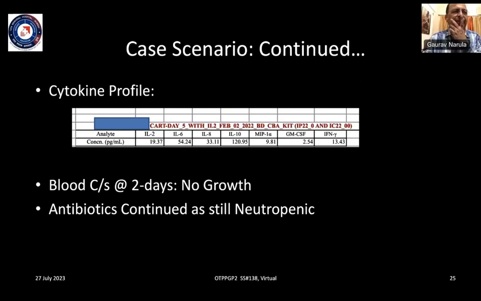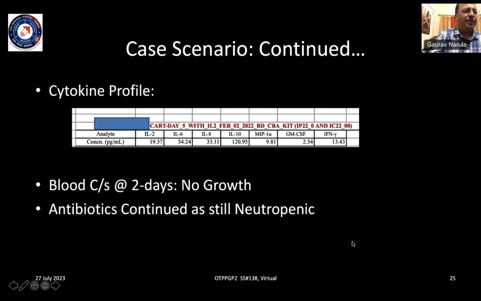Any others which are increased? IL-2 is also increased. IL-10 is also increased. Did anyone check the normal values of these cytokines? IL-10 is also increased, yes. And any other increase? But these are all mild increases. They're not much. They're nothing spectacular here. Okay. And interferon gamma is also slightly increased.